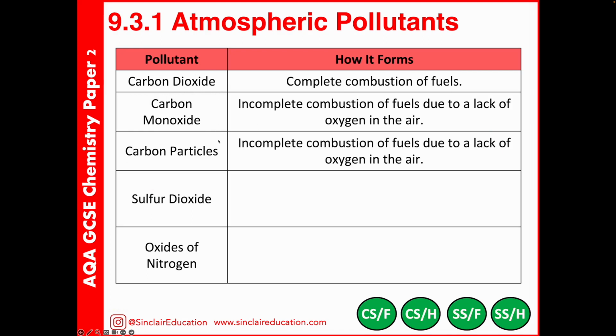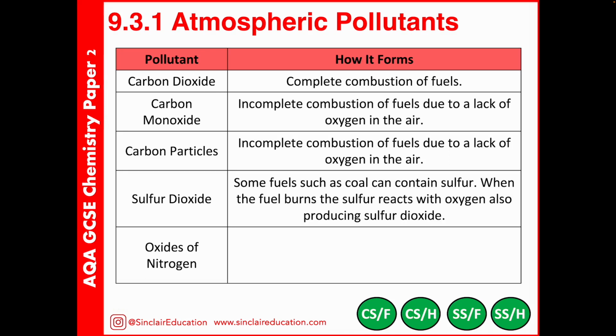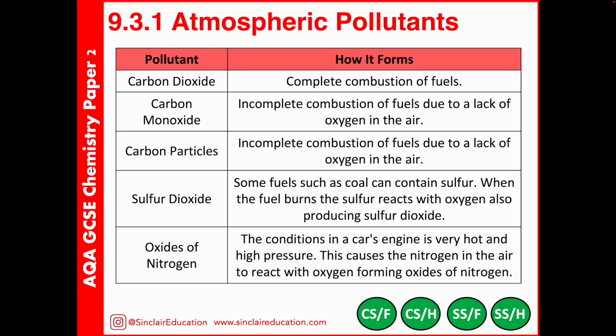But carbon monoxide and carbon particulates are made when we have a lack of oxygen during combustion. With sulfur dioxide, this forms when we burn a fuel that has been contaminated with sulfur, while the oxides of nitrogen are made when the conditions are hot.